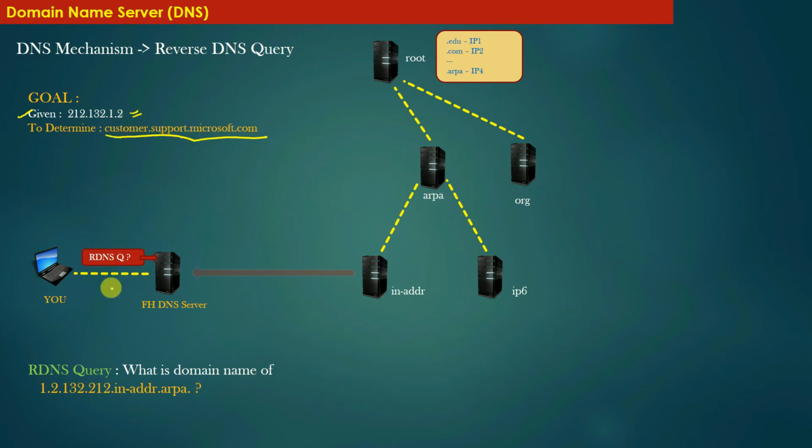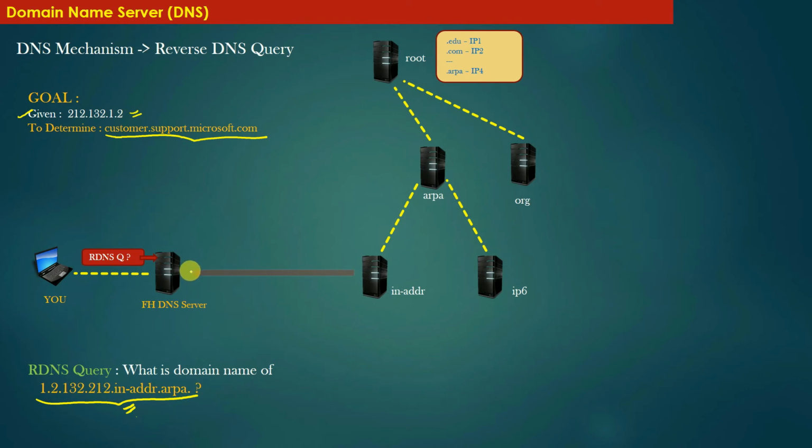As I discussed in the previous slide, the DNS client will modify the IP address as shown below. So the reverse DNS query is exactly: what is the domain name of 1.2.132.212.in-addr.arpa? This is the actual reverse DNS query which will be issued by your DNS client.